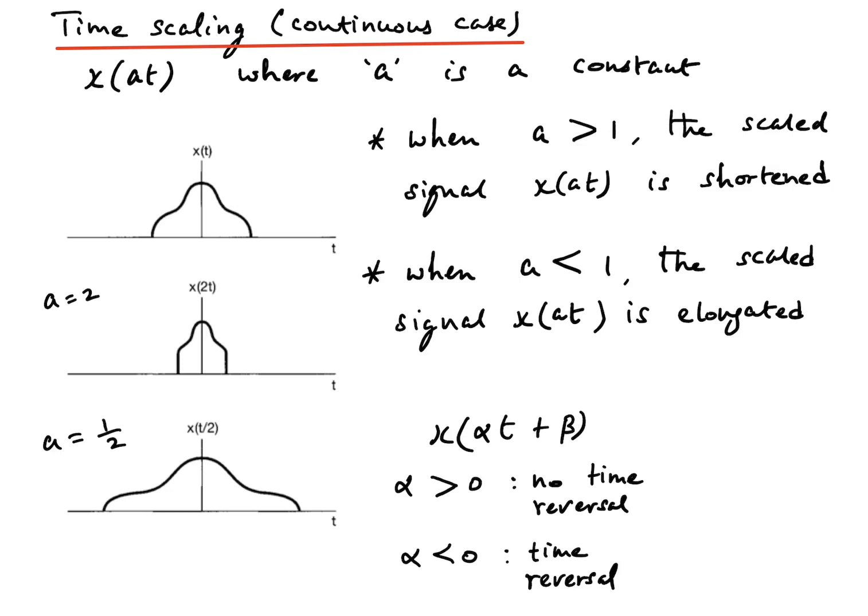It is x of minus alpha t, so that's basically x of alpha times minus t. So when there is a minus with the t variable, there is a time reversal. And similarly, when the magnitude of alpha is greater than 1, it is shortened. And when the magnitude of alpha is less than 1, it is elongated.